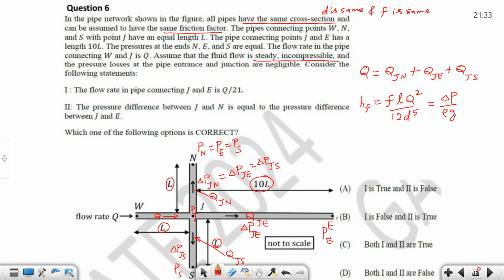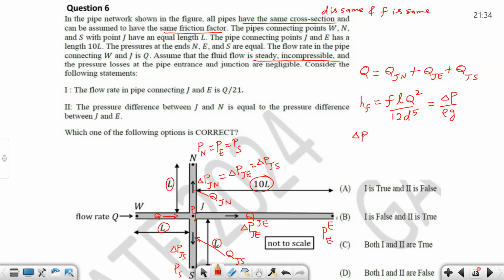Now if you look at these three pipes, the friction factor and diameter are the same for all the pipes. f and D are the same.